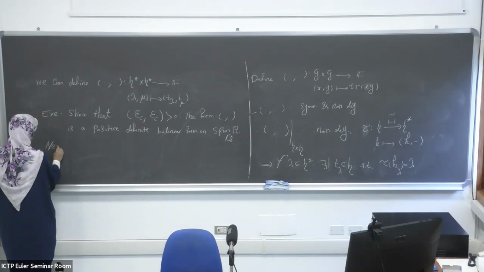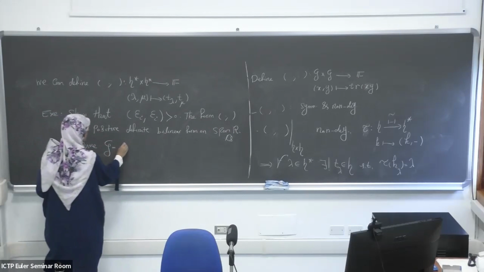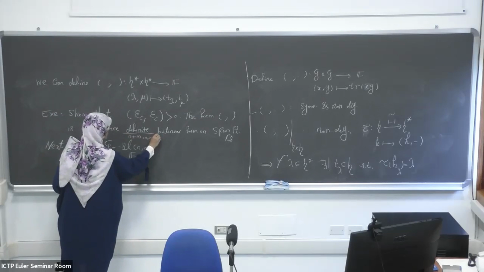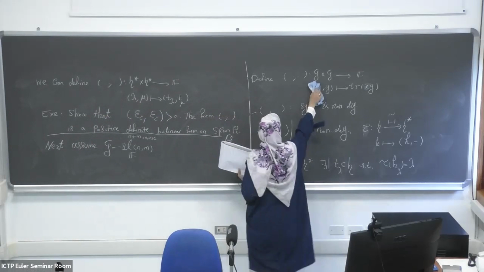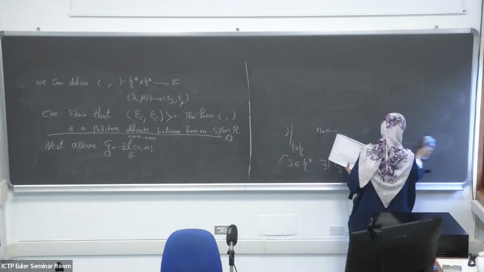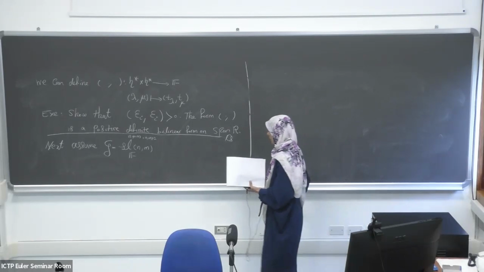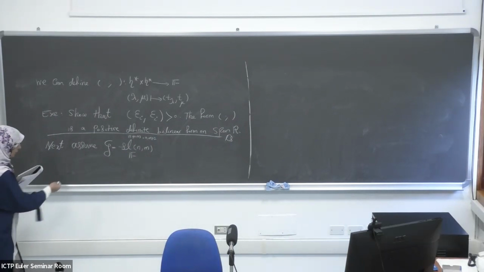Next, assume G is sl(n|m) when n is not equal to m and both n and m are greater than 1. And you remember what the definition was?